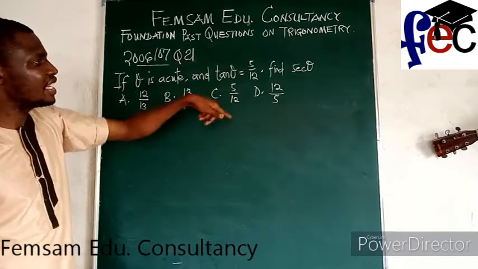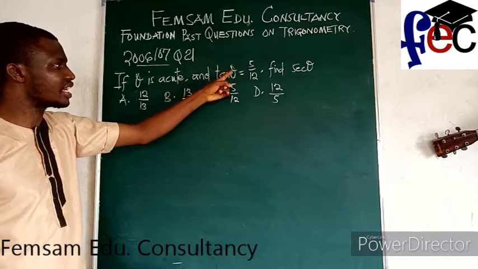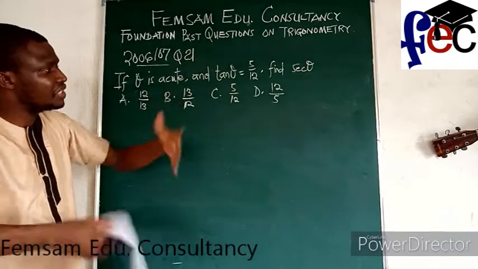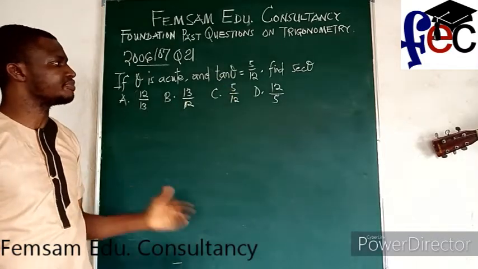So that will enable me to get every other trigonometric ratio like sine of theta and cosine of theta. Even if I'm to get the inverse trigonometric function of this theta, it will be easy.